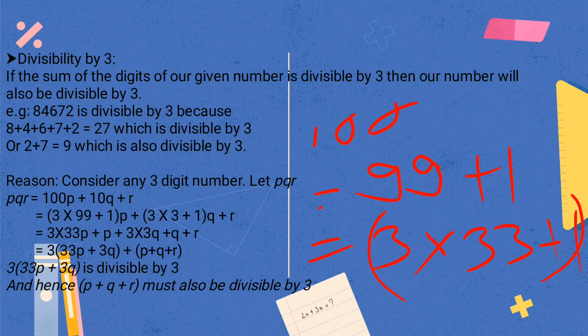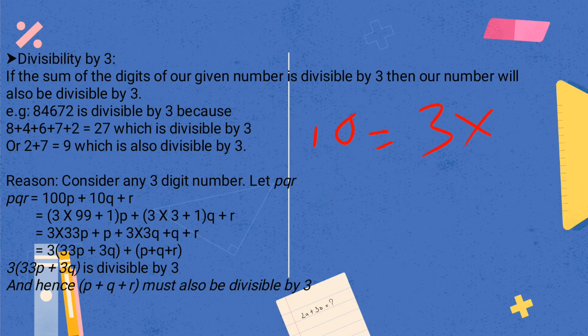In the same way we can write 10 as 3 into 3 plus 1, whole multiplied by q. After opening the brackets, we get 3 into 33 times p plus p, plus 3 times 3q plus q plus r.